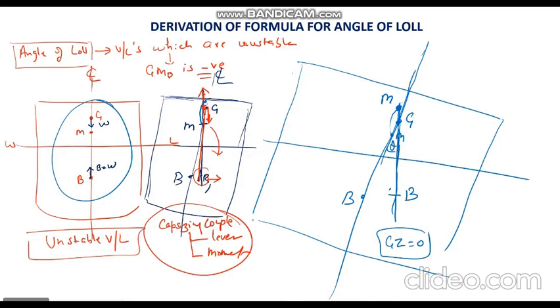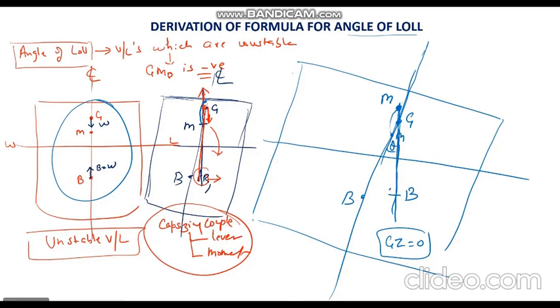So the correct definition of angle of loll is this: when an initially unstable vessel inclines, it results in a negative or capsizing lever.